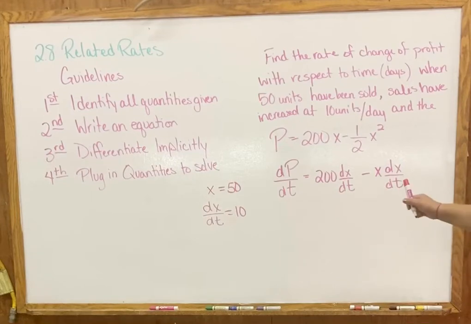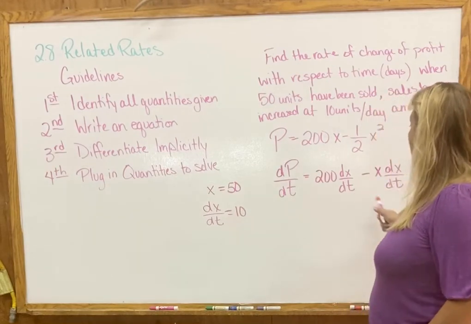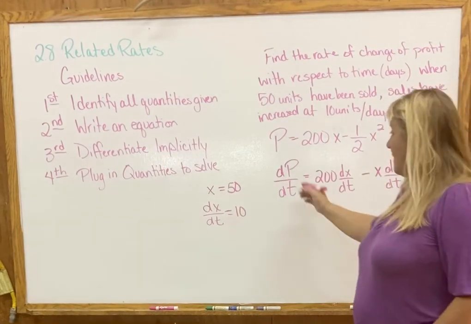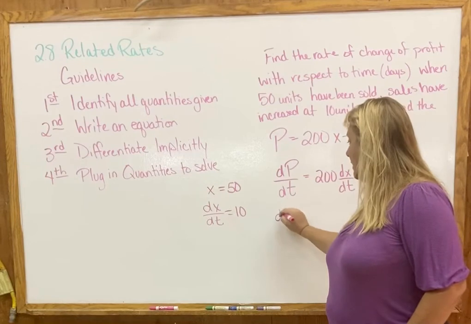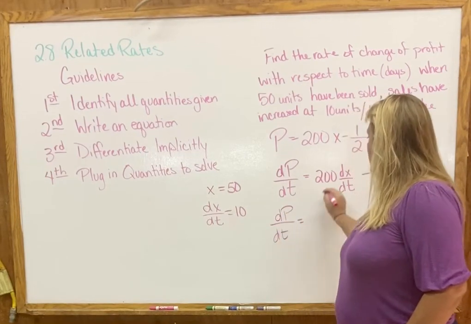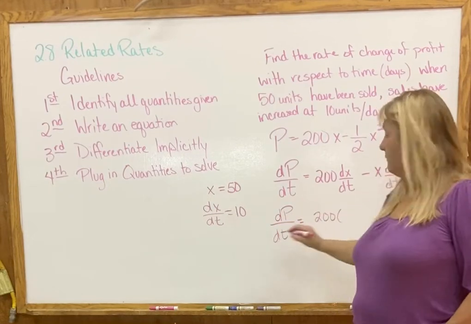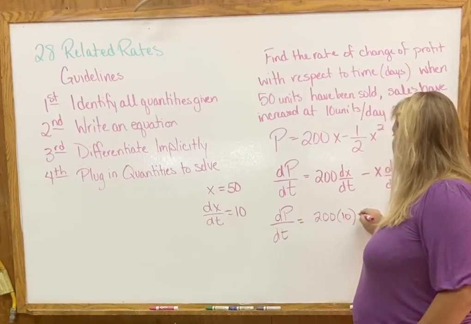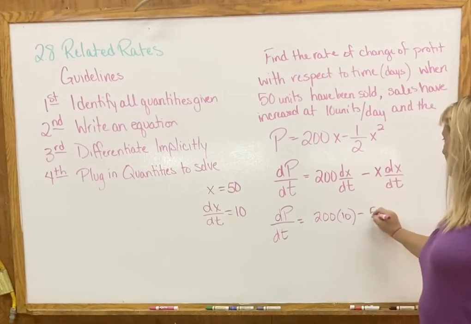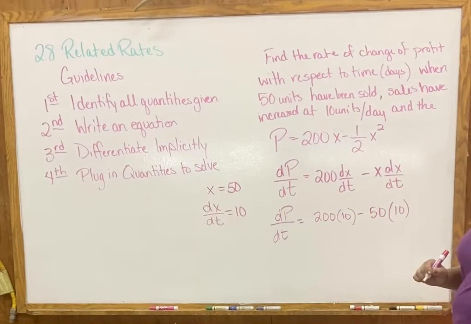Right? Now we have written over here the piece of information we were given. We can plug them into the equation, and then we can figure out our dp/dt. So we'll say 200 times 10 minus 50 times 10, right?